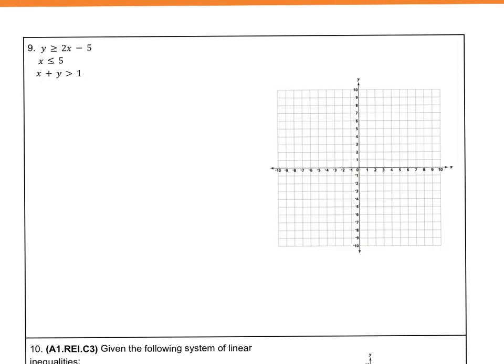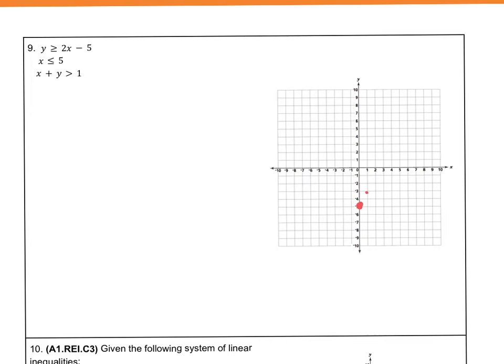That first one, how would I graph that? On number 9, get to it. What's the b value on the first one? -5. And the slope?